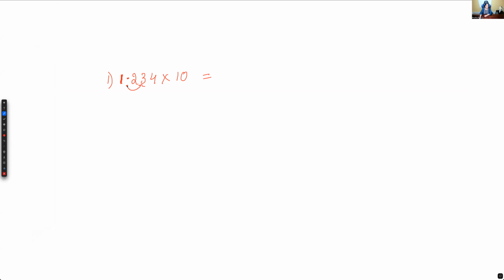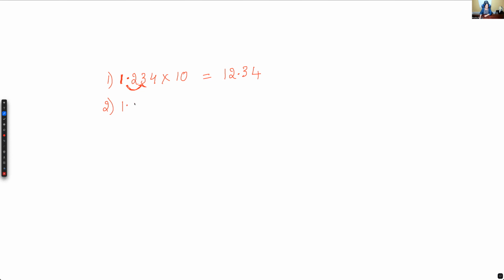So we are moving the decimal point just one place to the right, and we will write it as 12.34. So when we are multiplying 1.234 times 10, we are just moving the decimal point one place to the right and keeping the answer as 12.34.